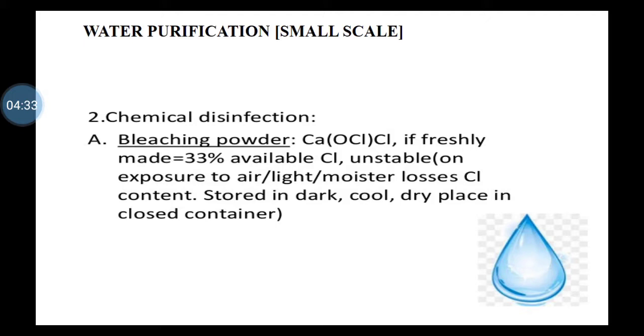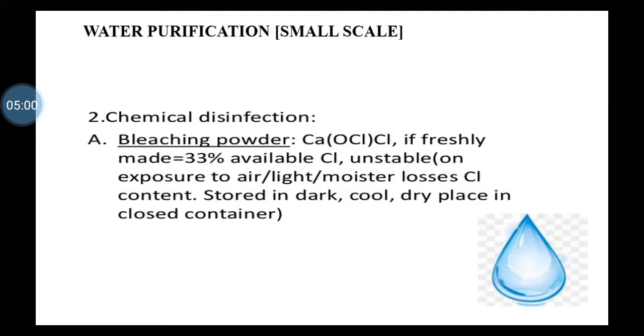First, the water is to be stored in large reservoirs. So first step is storage, then second is filtration, where we can use slow sand filter or rapid sand filter, and the third step is disinfection, or it is also called chlorination. So in that chlorine containing compounds are used. Now these compounds can be used on small scale also.